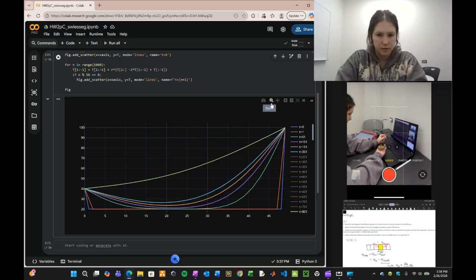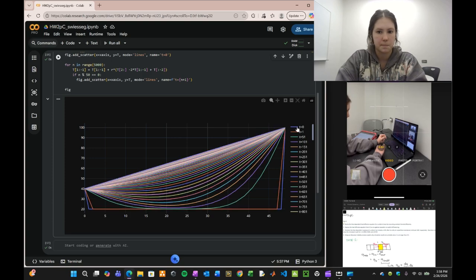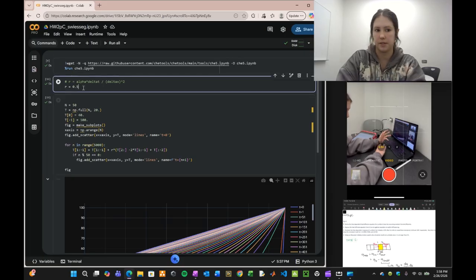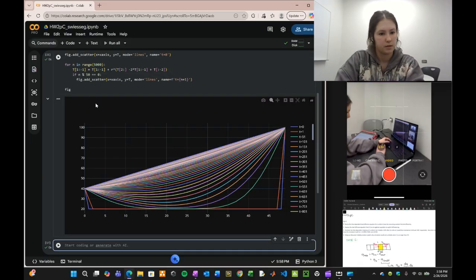All right, so now we can look at this R value up here. Right now we have it set at 0.5. So we can see what happens if we decrease it slightly. Let's do 0.499. So it looks very similar.